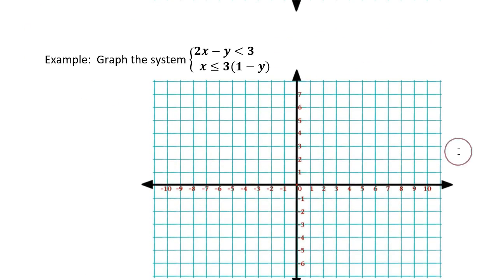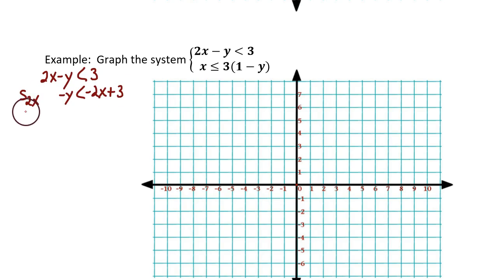Next example, let's graph a system of inequalities. Before we do this, let's think about what we expect it to look like. This will make a line with a dashed line and shading. This one here will also make a line with a solid boundary and shading. Let's find those lines. I'm going to take the first inequality statement and change it into slope-intercept form. Subtract 2x and divide by -1.